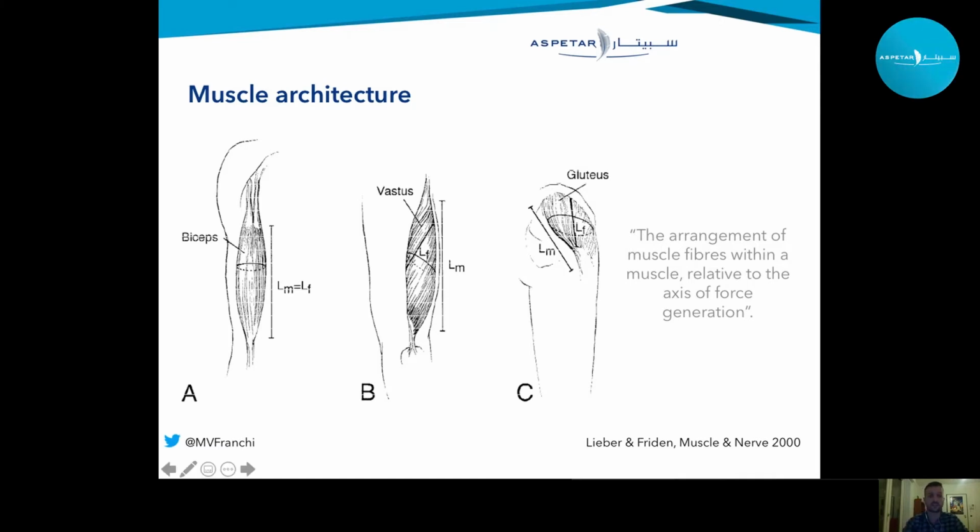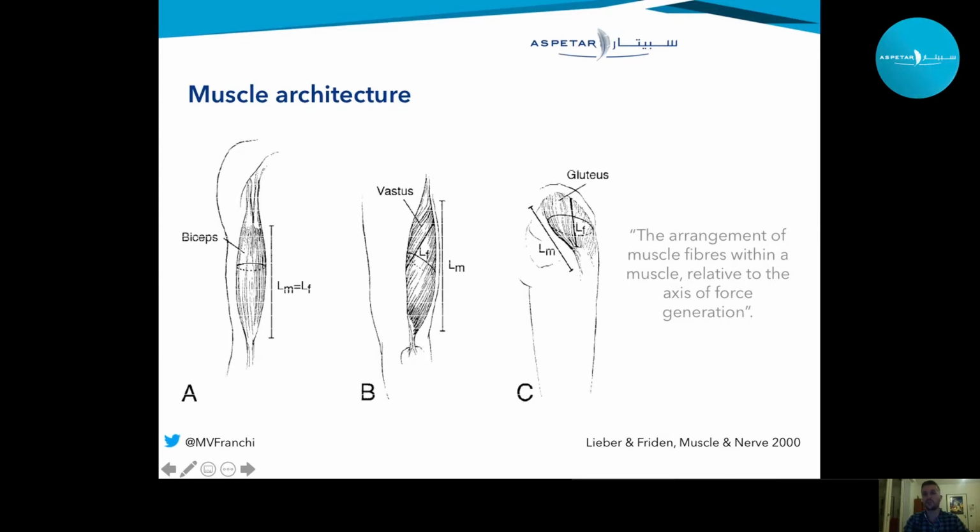For example, in the biceps brachii, the arrangement of the fascicles is quite parallel to the axis of force generation. Whereas in vastus lateralis, you see the classic pennation, which means that the fibers are inserted into the aponeurosis of the muscle with an angle defined as the angle of pennation.